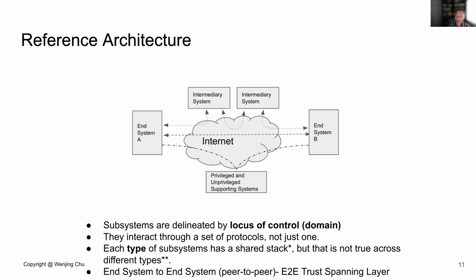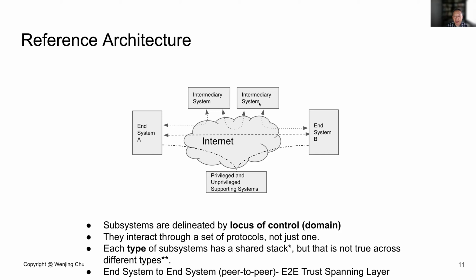It's not under my control, but I have dependencies on these systems. They're not necessary for communication from system A to system B, but they are necessary for attesting or supporting system A to be able to prove it is A. And so those are the supporting systems.